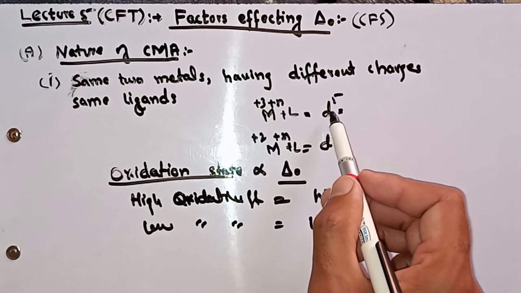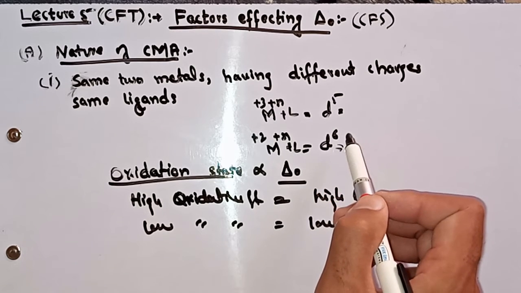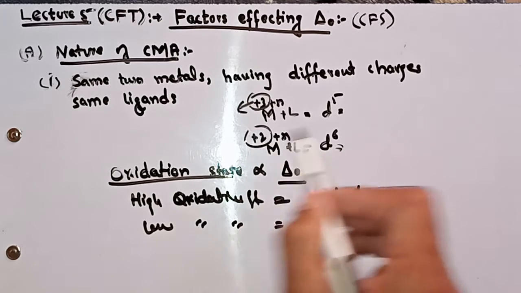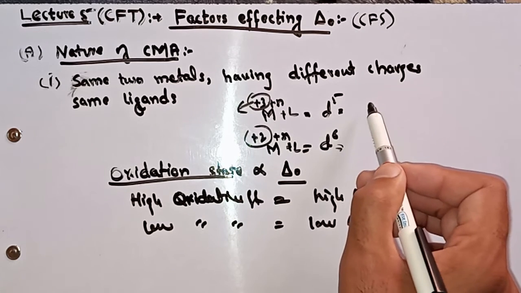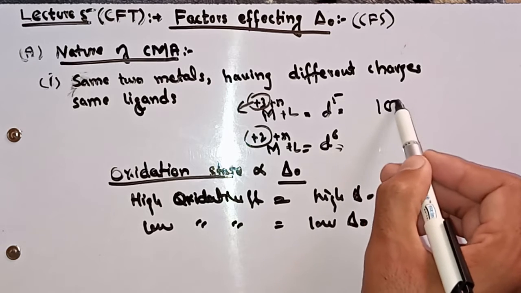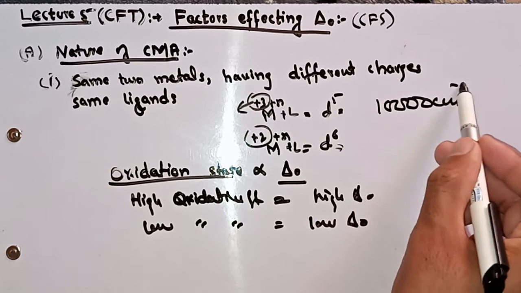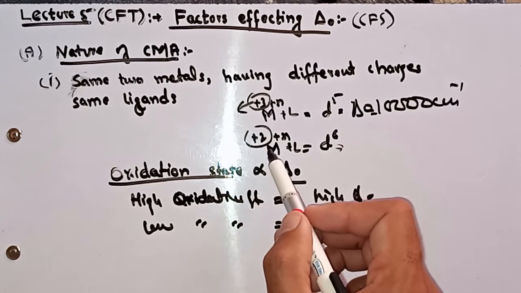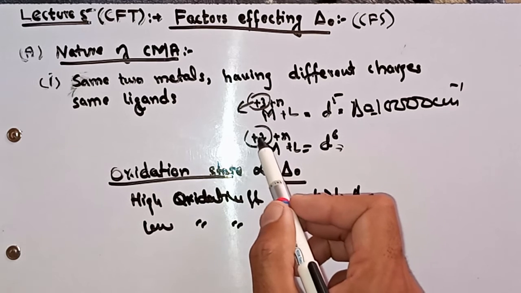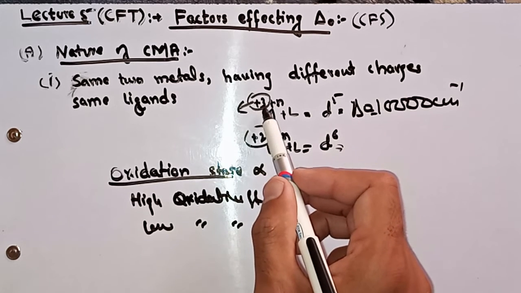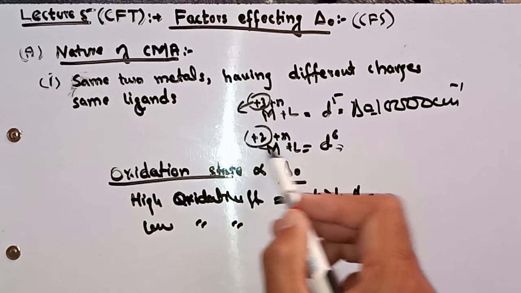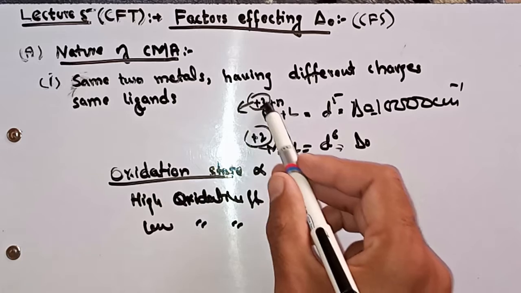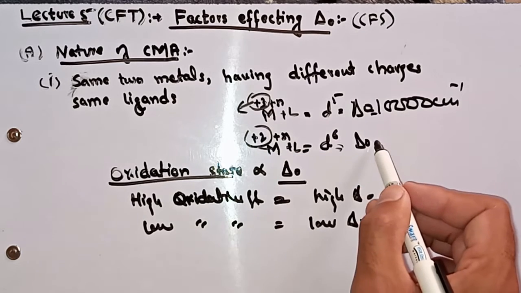In this case, here is a d5 system and here is a d6 system; here is plus 3, the high oxidation state, and here is the low oxidation state. So here it will be high. Let's suppose the value of delta naught is 10,000 centimeter inverse here. For the same ligand and same metal with plus 2 charge, it should be less than the above value, because the oxidation state is lower here and greater there.